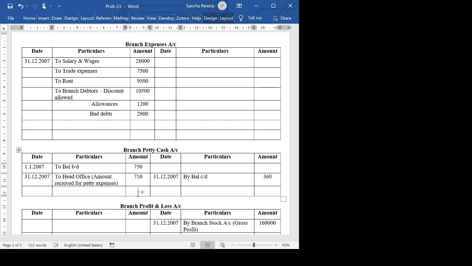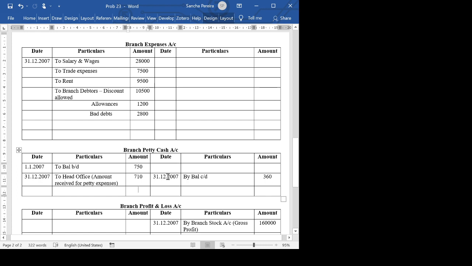But what is that balance? We can't just take the balance in expense account. It has to be relevant to the expense account. So what is that balance? That's what I want to know. What would be the balance of the petty cash account?